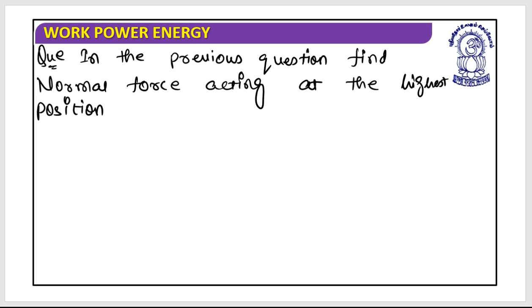This is required. We need to find out the normal force acting at the highest position.